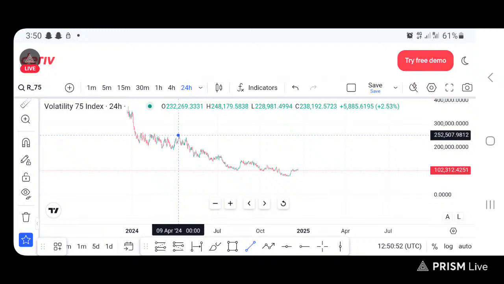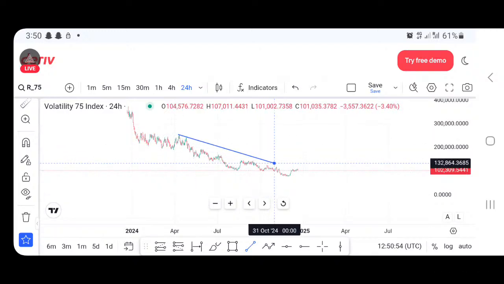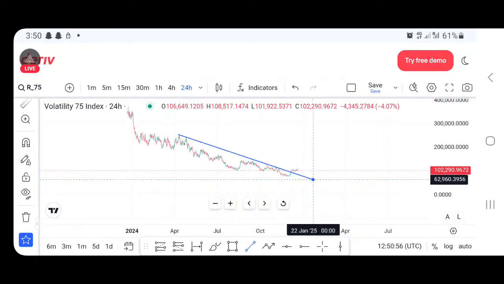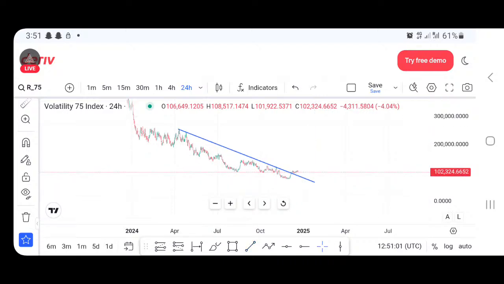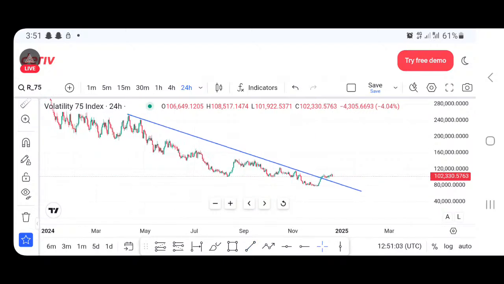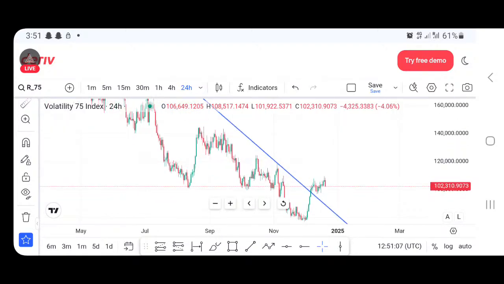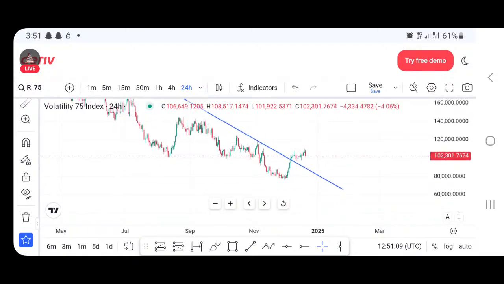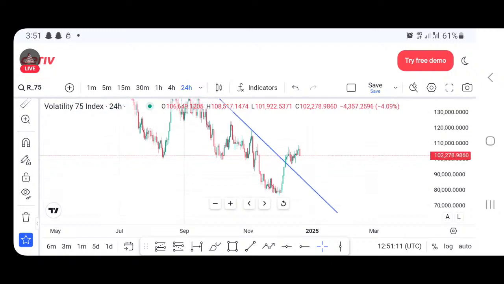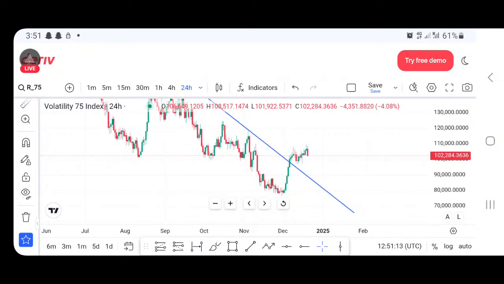If we connect this here and bring it down like that, we can see that this upper trend, the market broke it, and after the market breaks this downtrend, now it seems like we have come back to make a retest.